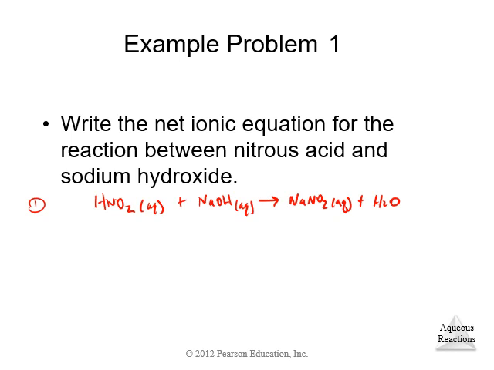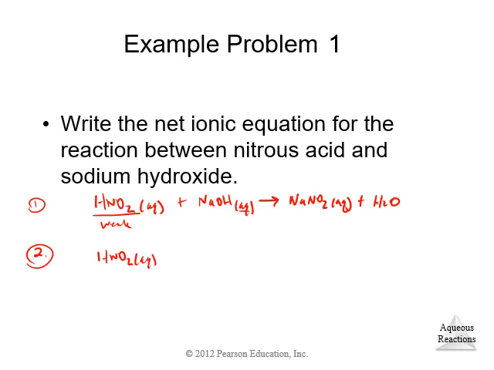Now, because this substance is a weak electrolyte, when we're talking about our second part of the equation, anytime that I have a strong electrolyte and I see that aqueous sign, I'm going to split it apart. So in this case, because it's now a weak electrolyte, I'm going to leave it as the HNO2.